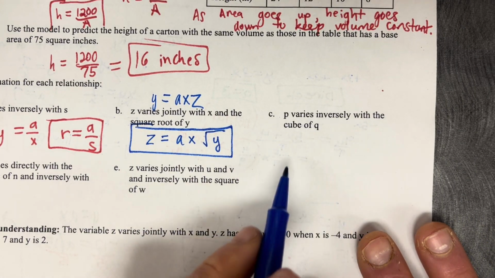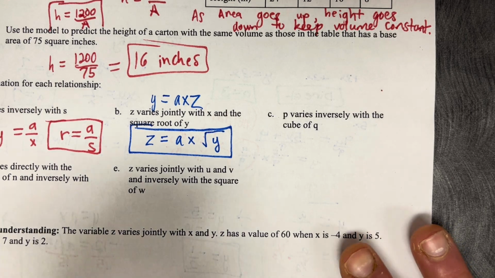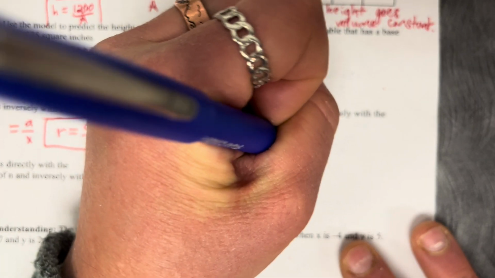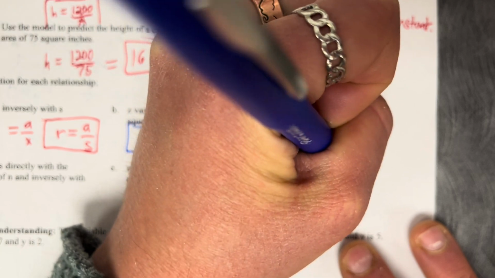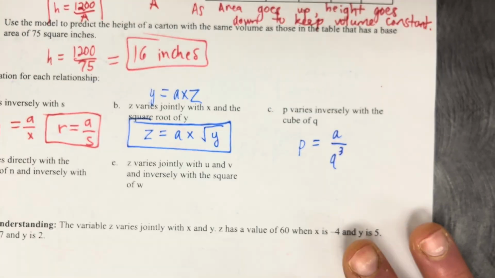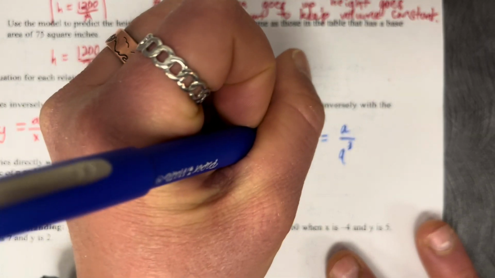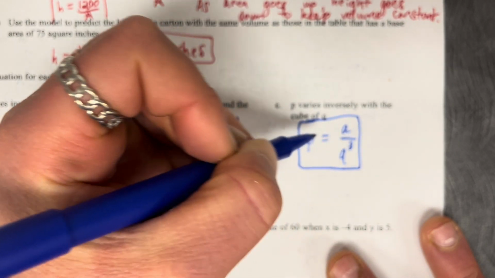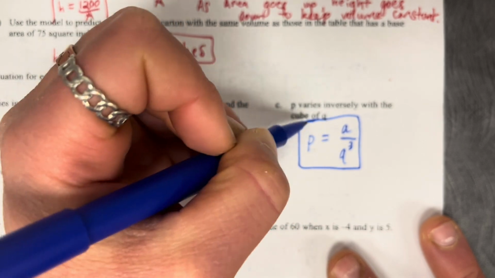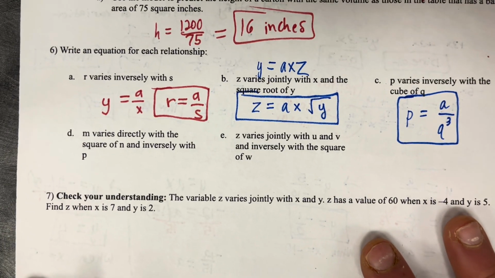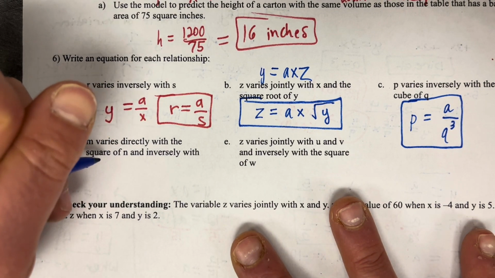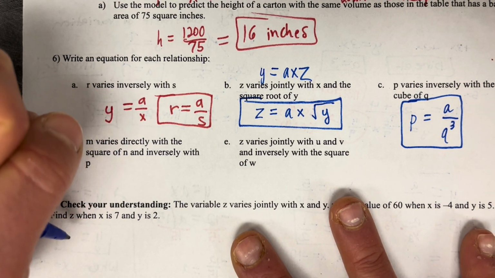Next, p varies inversely with the cube of q. Try this one on your own. Should have gotten p equals a over q to the third. So inversely, that's where the division comes in. Constant always goes on top, and then cube of q goes on the bottom. D, m varies directly with the square of n and inversely with p.